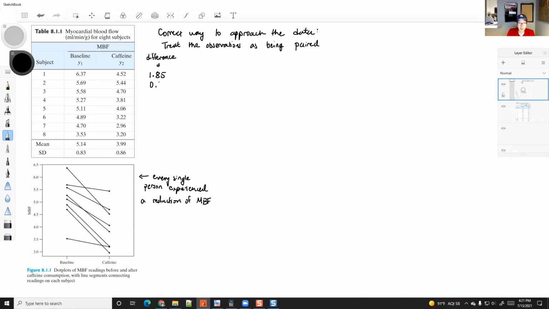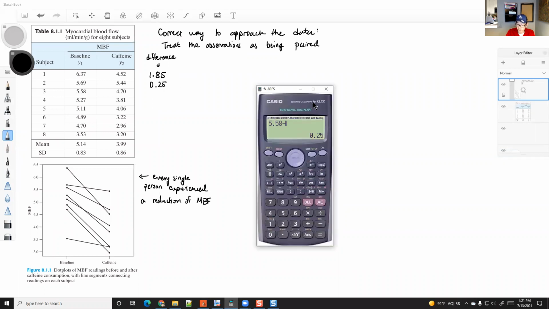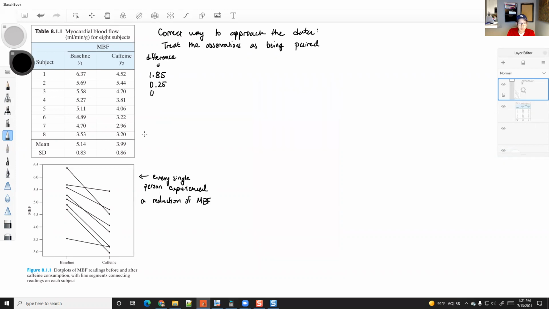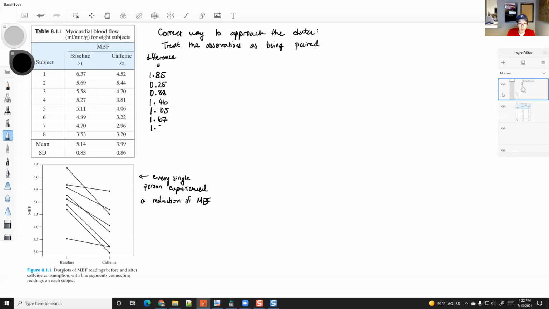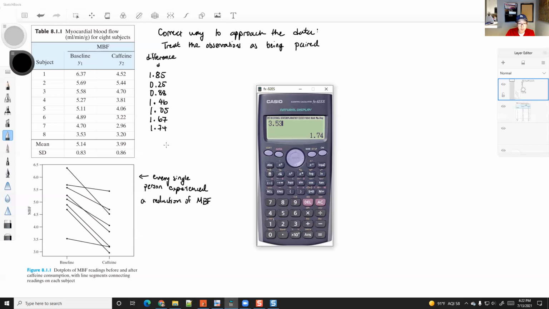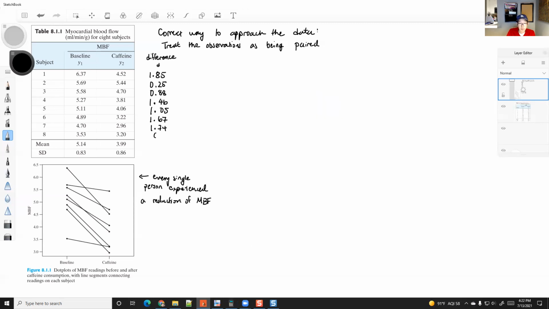So we get a difference. So this is basically the reduction. Okay, so these are our values.